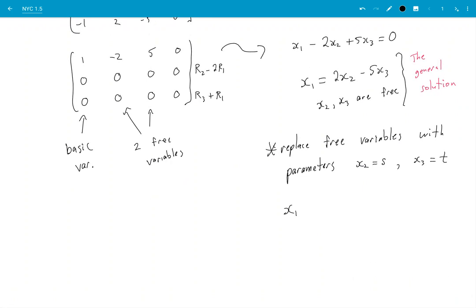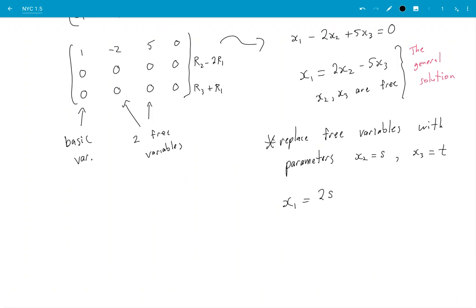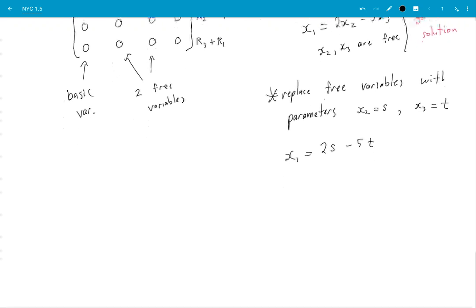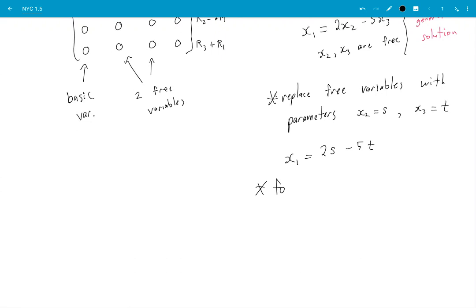You get x1 is equal to 2s minus 5t. And I'll say we form the parametric vector equation.